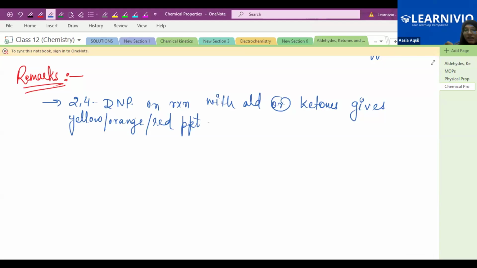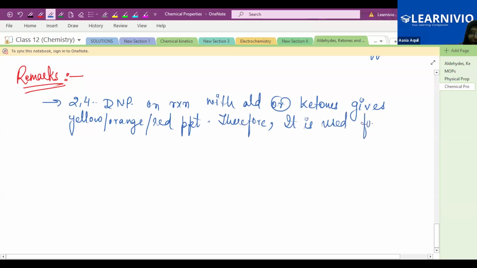So it confirms that aldehydes and ketones are there. It helps in the detection of aldehydes and ketones from other groups like alcohols, esters, etc. So write down: 2,4-DNP on reaction with aldehydes or ketones gives a yellow, orange or reddish precipitate. Therefore it is used for the detection of aldehydes and ketones.